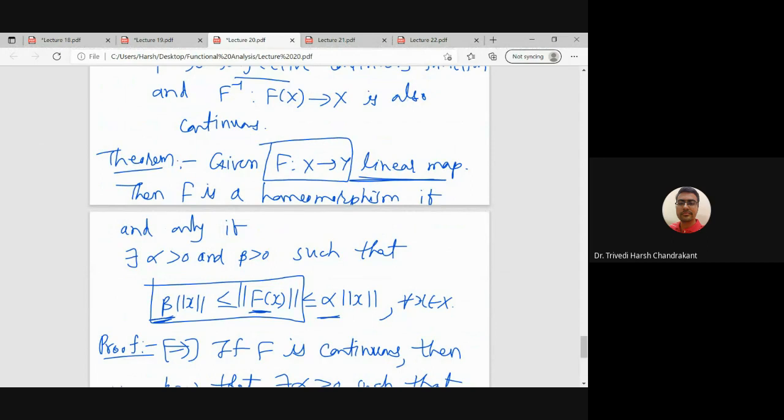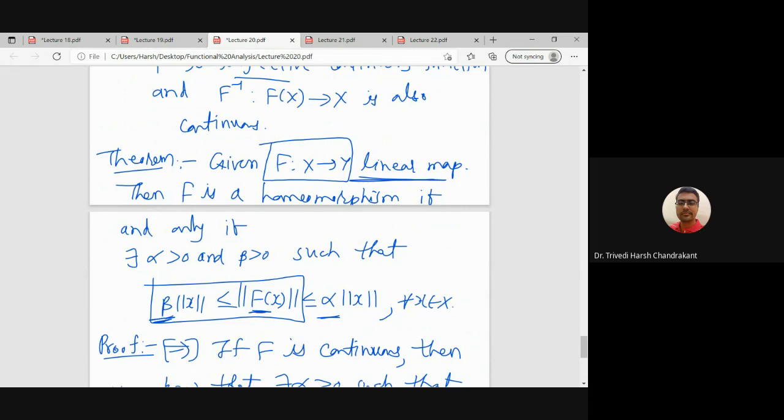If norm of fx is less than or equal to alpha times norm x, then we will say that f is bounded above by alpha, and similarly when there exists beta such that norm of fx is greater than or equal to beta times norm x, we will say that the linear function f is bounded below by beta.